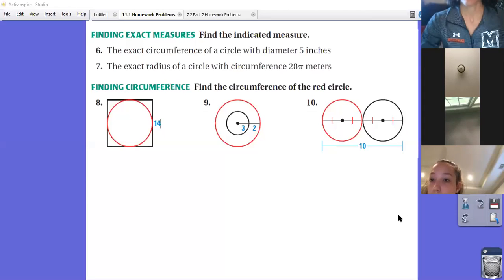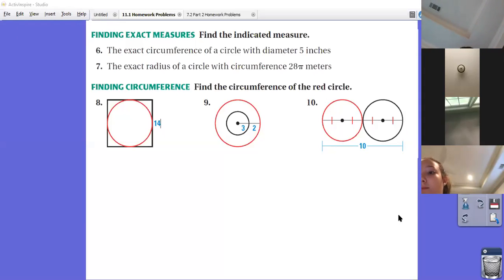We're good? All right, so it's asking to find the circumference of the red circle, the one on the left. To find circumference, circumference is pi d or 2 pi r. Do we know the diameter in this picture? Both those circles are congruent circles.